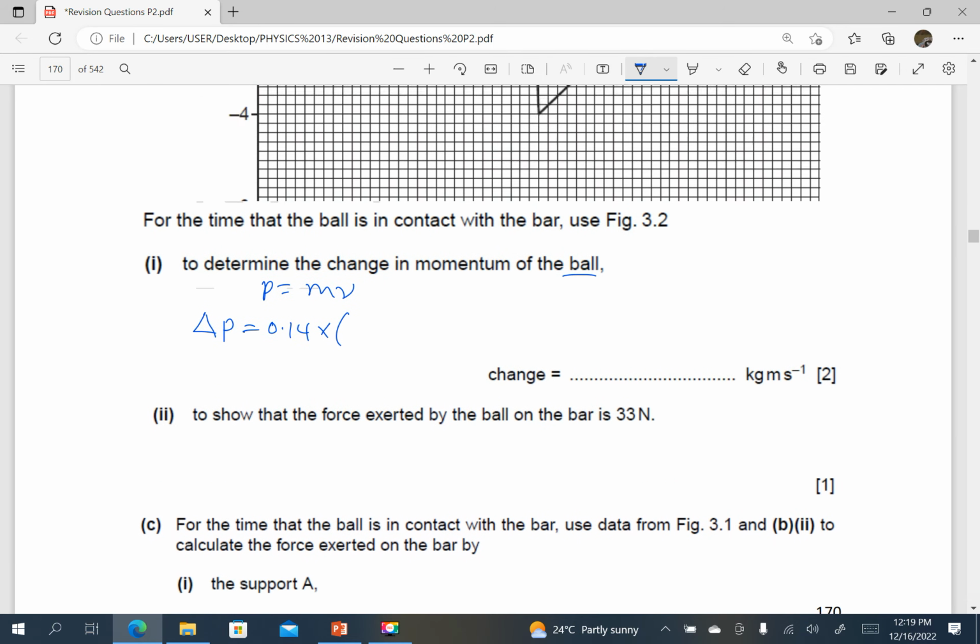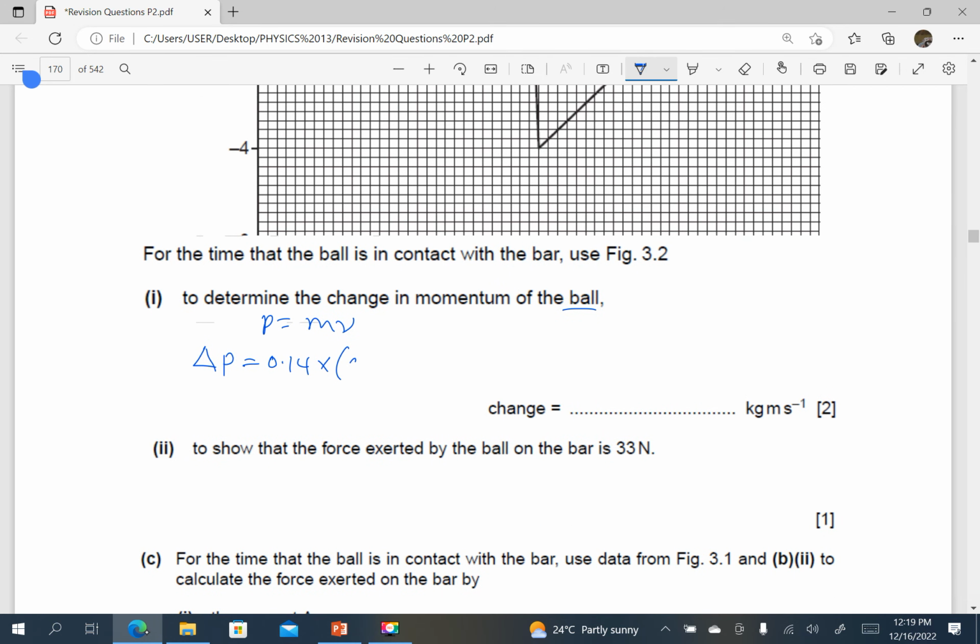So this is going to be 5.5 minus -4. And from my calculator, this is 1.33.